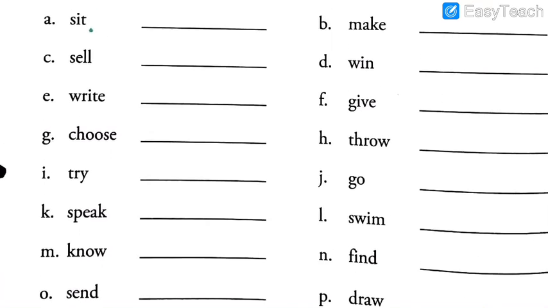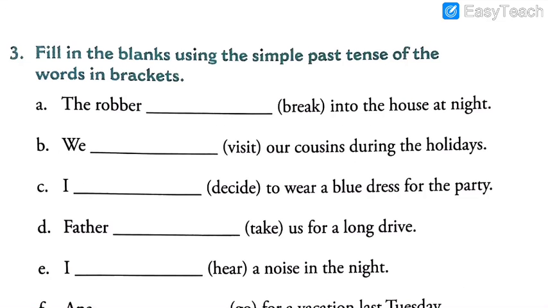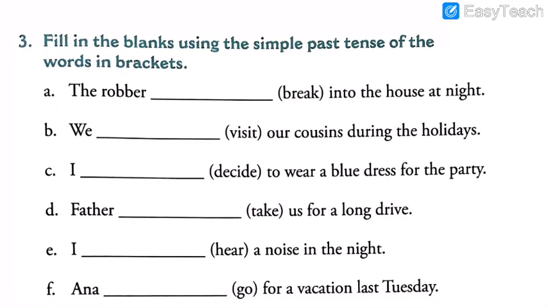So now we are going to solve exercise number 3, which is the last exercise of this chapter. And after solving this exercise, we will solve the worksheet which I gave you in the group. I hope that you all are now ready to solve this exercise with your textbook and rough notebook.